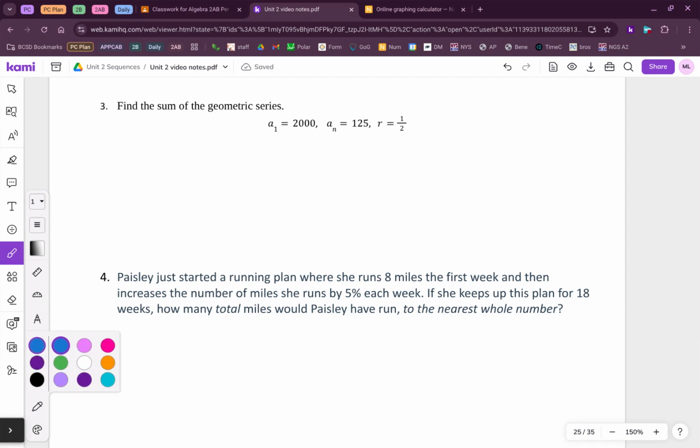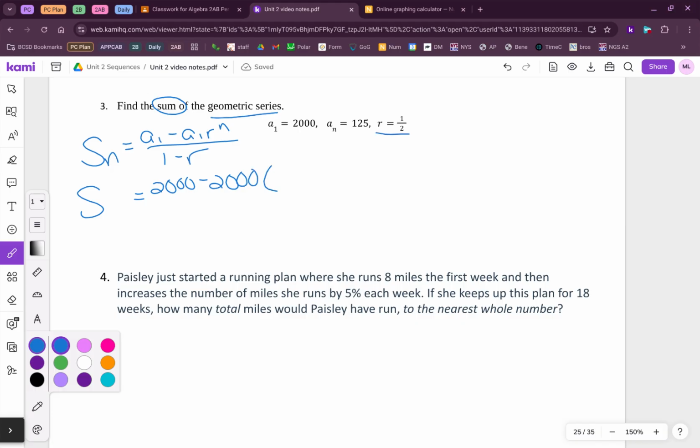All right, this next one's a little tricky. So find the sum of a geometric series. So we know our formula. All right, so let's see what we have here. That's just our formula from our reference sheet. So we have our first term. We know our common ratio.